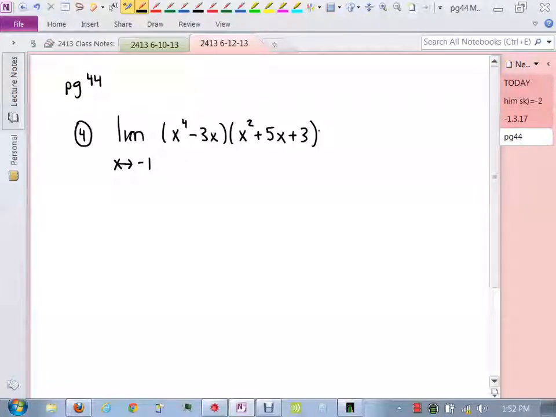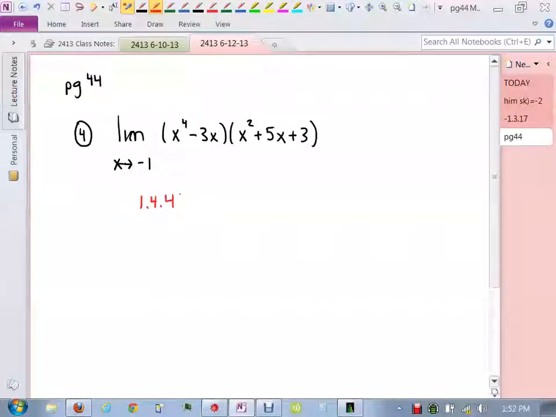And there are properties in here. If you have your notes in front of you, I'm looking at 1.4.4. It's called the direct substitution property.